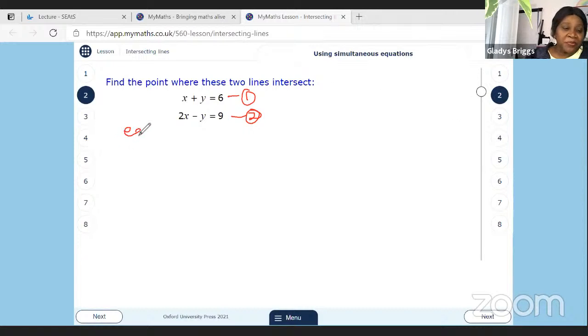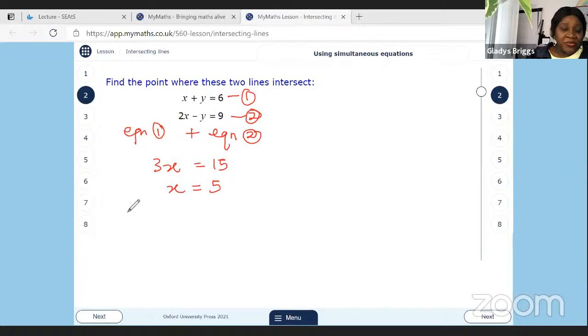Yeah, equation 1 plus equation 2. If we do that, we'll have 3x, y minus y is 0, so 3x is equal to what? 9 plus 6 is 15. And then we'll have x equal to 5.